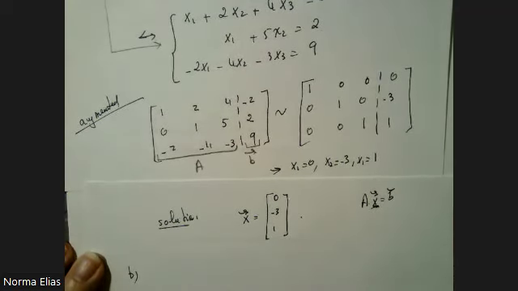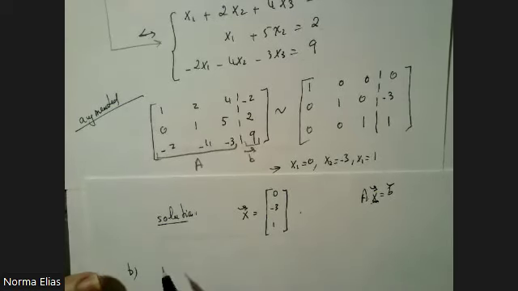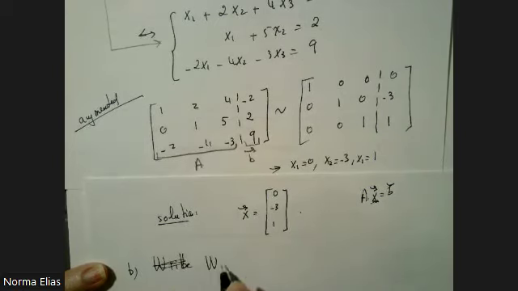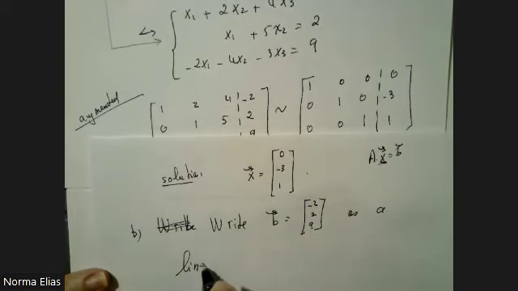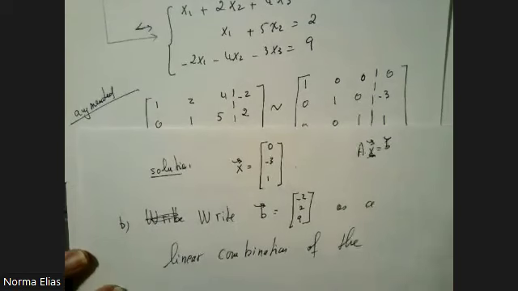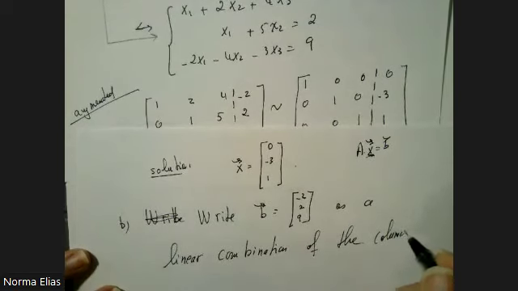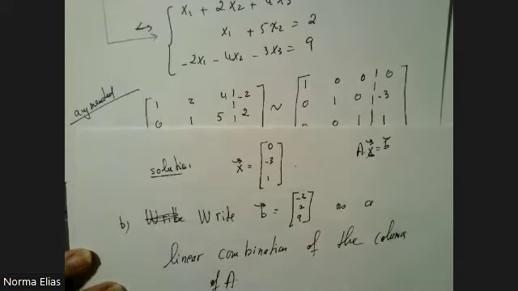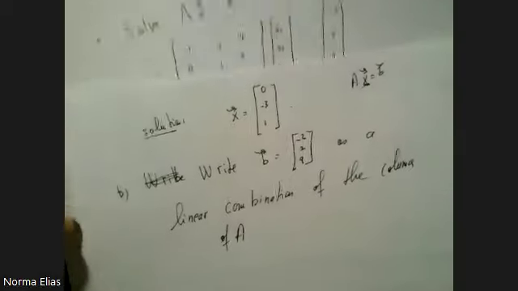Okay. Now I'm going to add the following. Question number B is the following. Write the vector B, which is minus 2, 2, 9, as a linear combination of the columns of A. Okay, so let me put the picture in your mind.